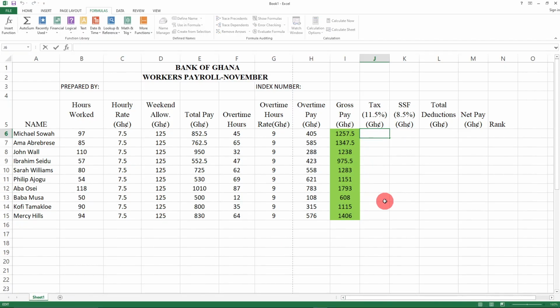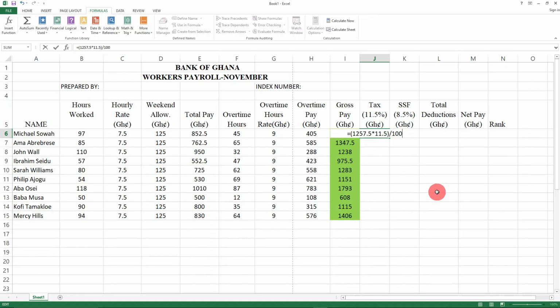This is what I mean. So 1257.5 times 11.5, we close it, then we divide by 100.